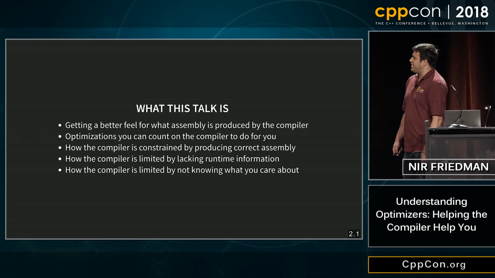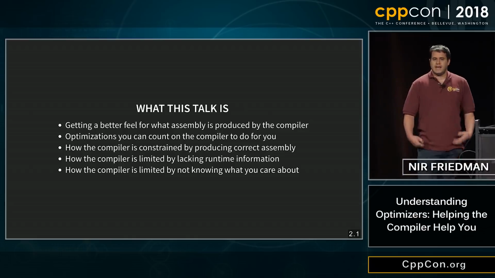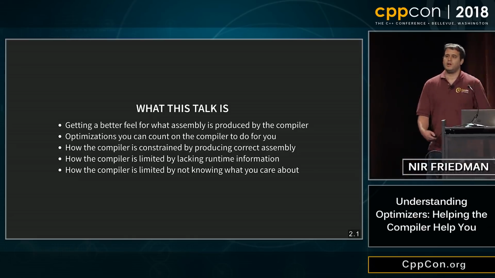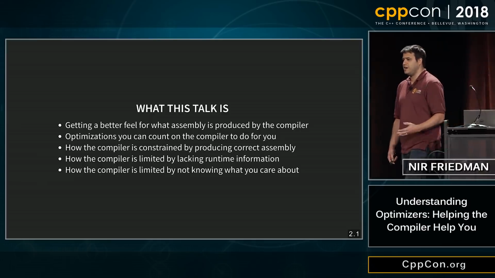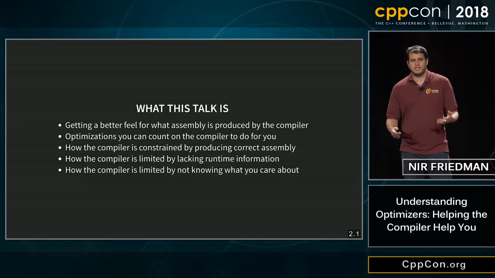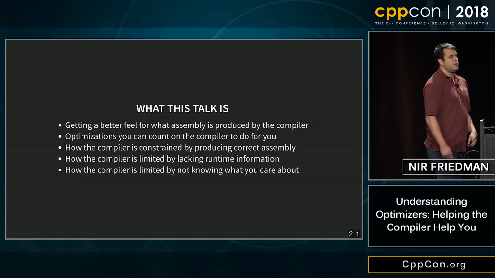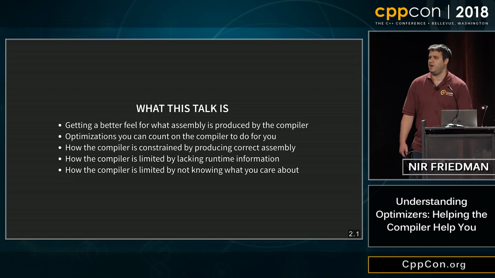So let's talk about what the talk is. The idea of the talk is to get a better feel for the assembly that's produced, not all the detailed instructions, but the overarching features, especially really critical things like inlining and branches, say.